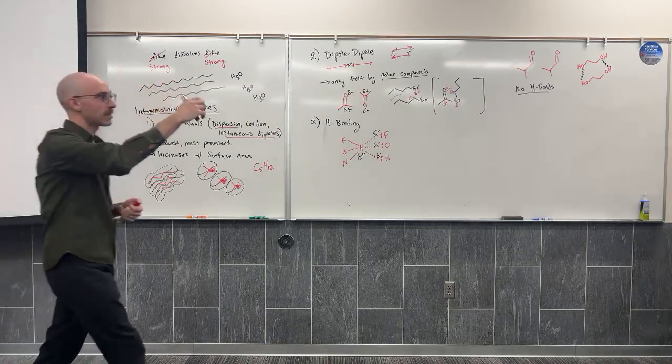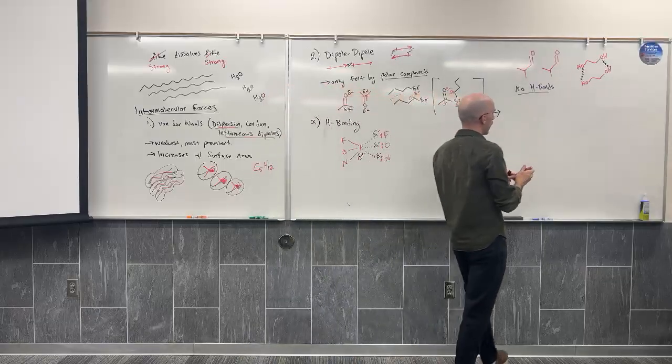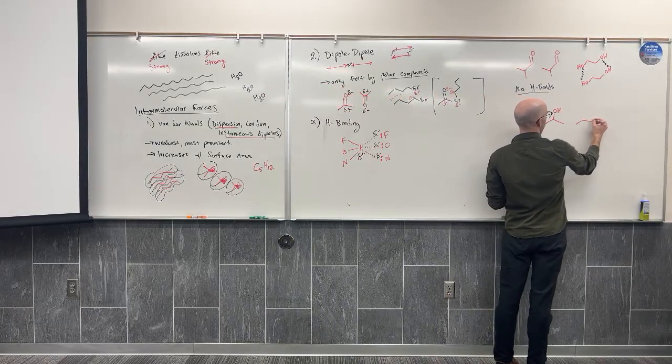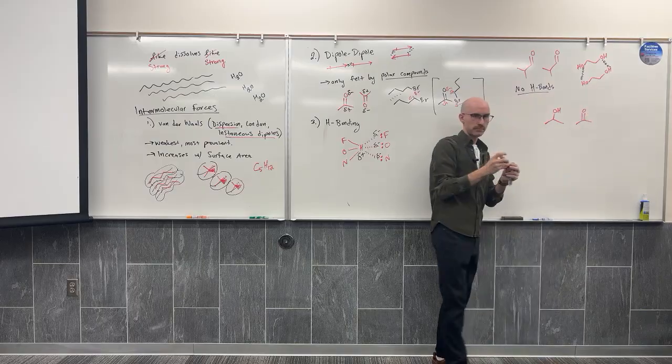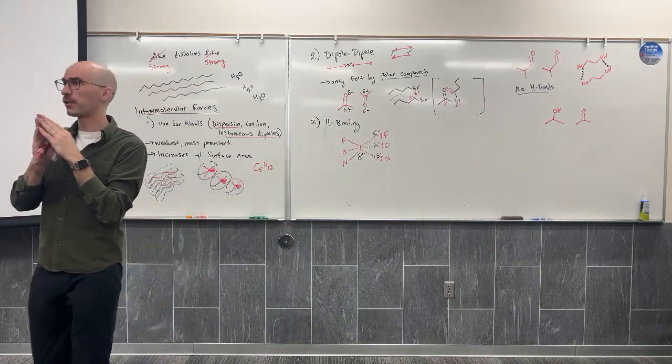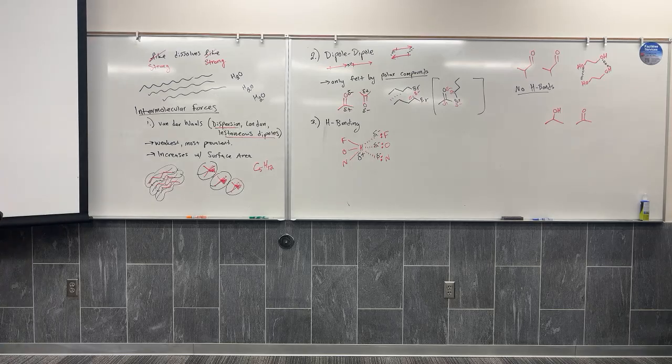Okay, so those are like molecules. What if I took isopropyl alcohol and I mixed it with acetone? I take rubbing alcohol and I mix it with acetone. Can those two molecules hydrogen bond? Suray's saying yes. Some of you are feeling a little more skeptical.